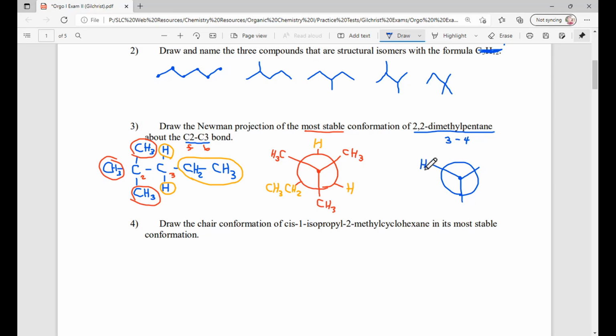So hydrogen, and then a C. You can also write it like this, a tert-butyl group, C(CH3)3. So there's three CH3 groups attached to it. And the other side is the hydrogen. And the back carbon is down the 3,4 bond.